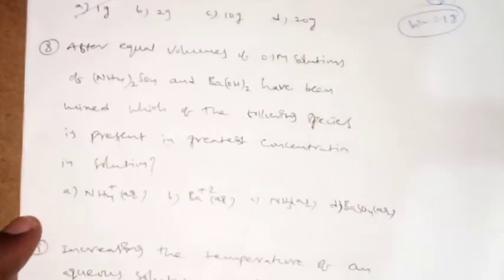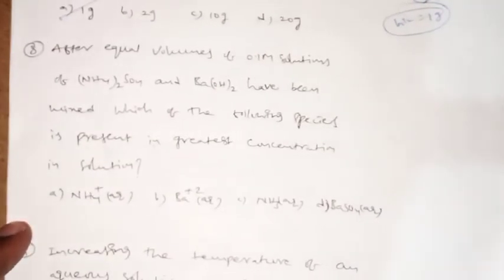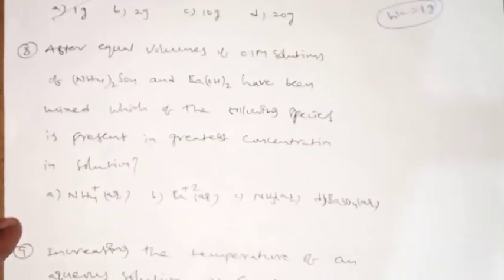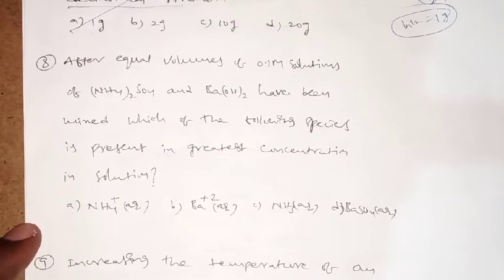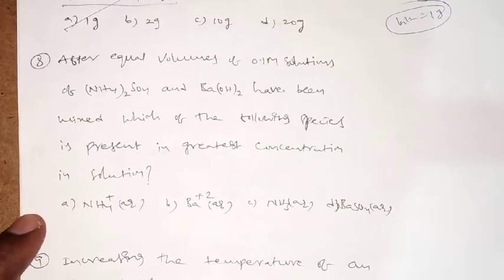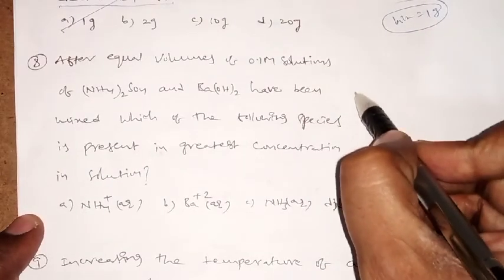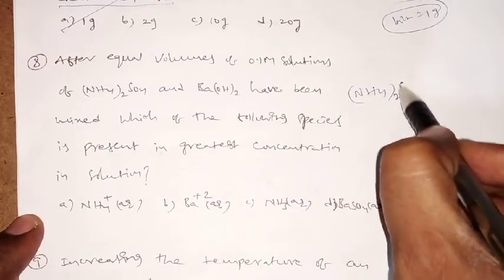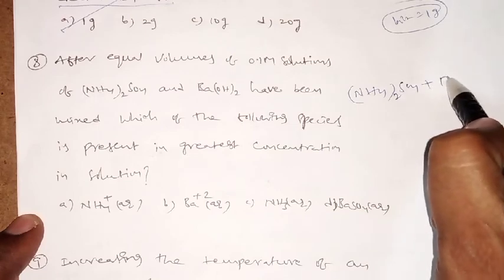Right. Look at the next question. After equal volumes of 0.1 M solutions of (NH4)2SO4 and Ba(OH)2 have been mixed, which of the following species is present in greatest concentration in the solution? See, they are mixing (NH4)2SO4 with barium hydroxide.